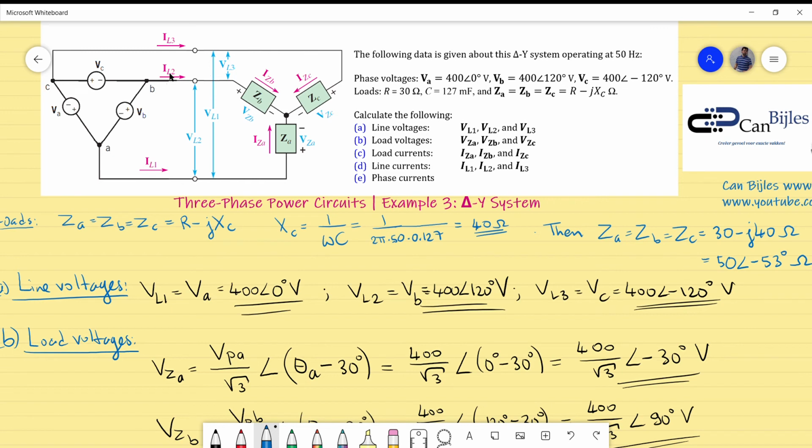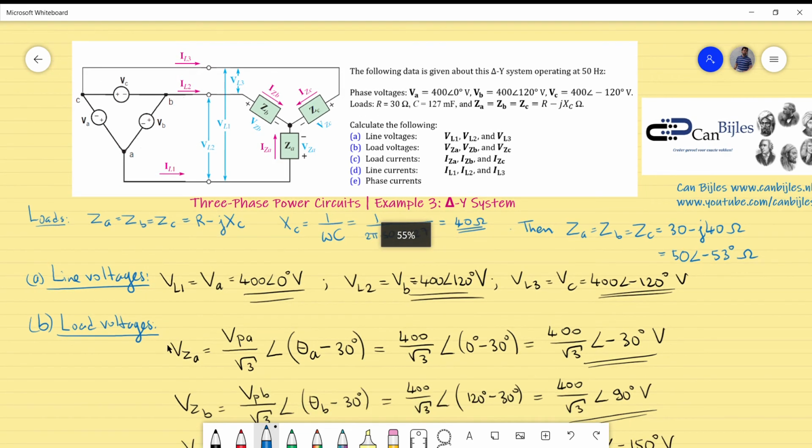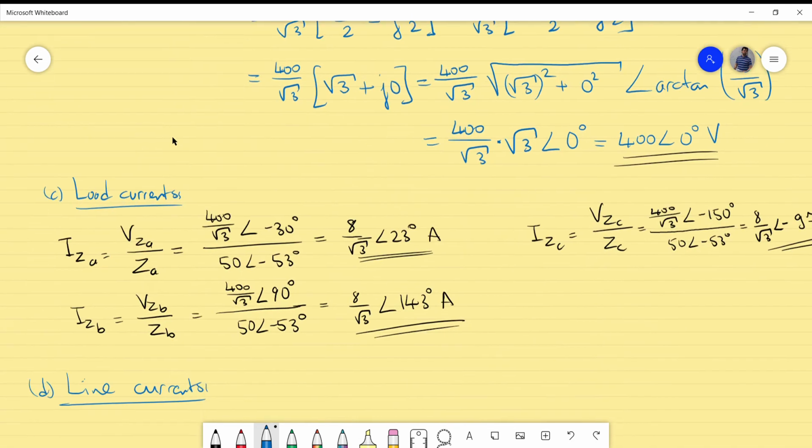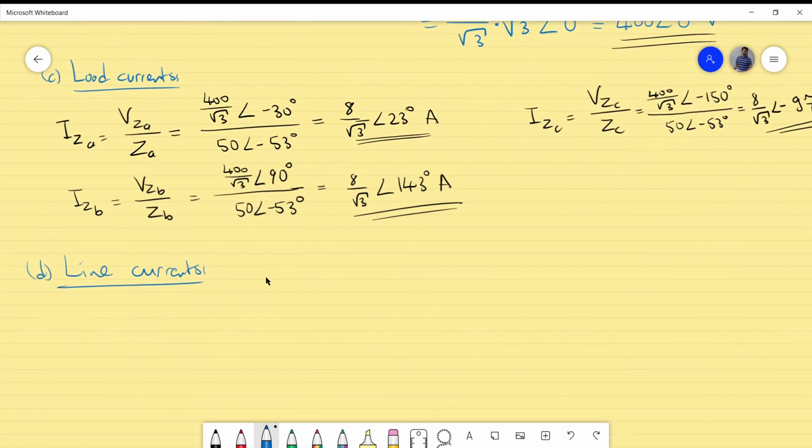Again, IL2 is equal to IZ of B. IL3 will be equal to IZ of C. And I will just write them from the expressions we have calculated in part C. So what we have is the following. Let me continue with black. IL1 is just equal to IZ of A, which is just this.